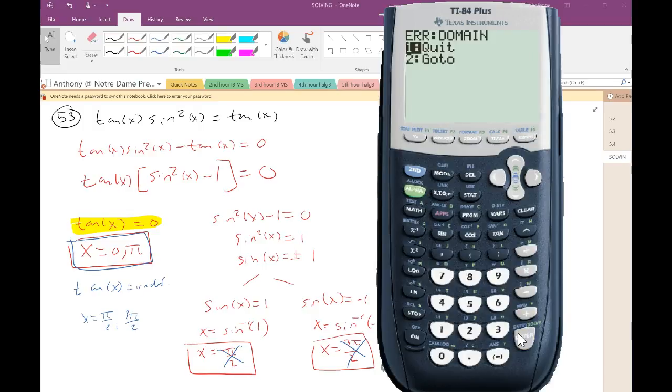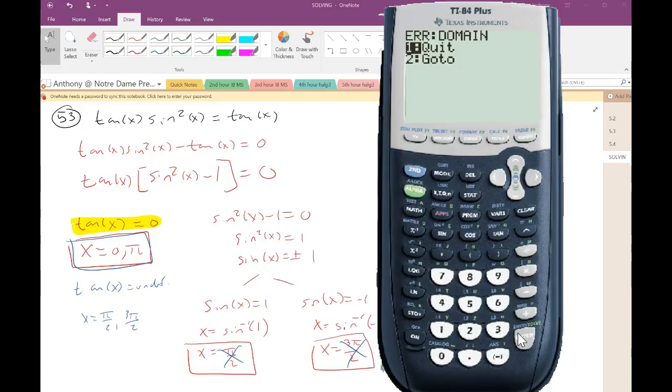I get an error. Why am I getting an error? Because tangent is undefined at pi over 2, which means that pi over 2 is not actually going to give me 0 like it's supposed to. The reason is that the tangent part is getting in the way of it equaling 0 there. So whenever I solve for a tangent or a cotangent, I have to go back and look at where it is undefined.